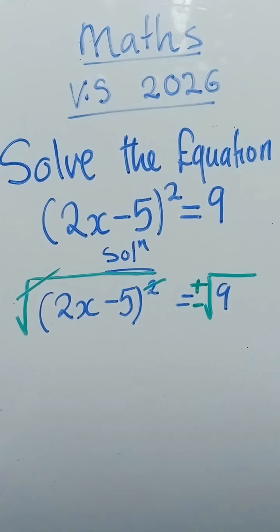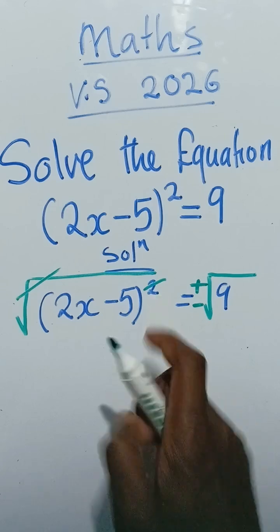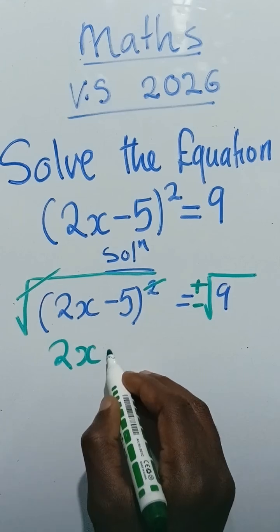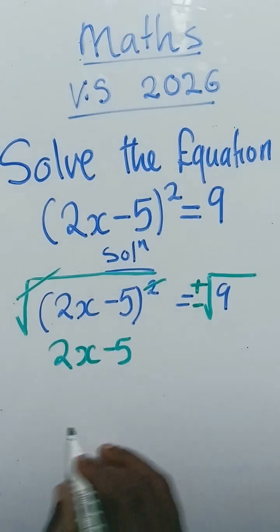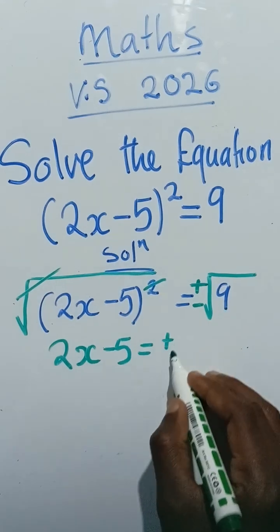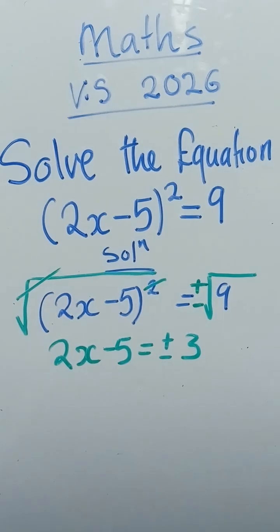Our next procedure: since the square root has cancelled the square, we are just left with 2x - 5, which is equal to the square root of 9, plus or minus 3. Now our next procedure is very simple.